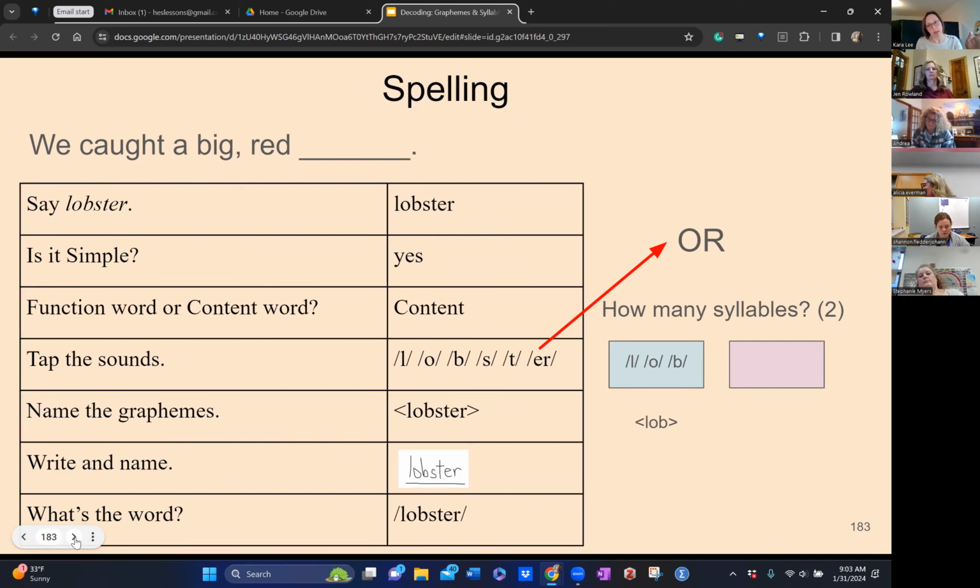Lob, L-O-B, lob, L-O-B, stir, S-T-E-R, what's the word? Lobster. So you're taking what they learned in consonant LE and just now putting it here in these words, okay? Remember, you do this procedure with 2-syllable bases.